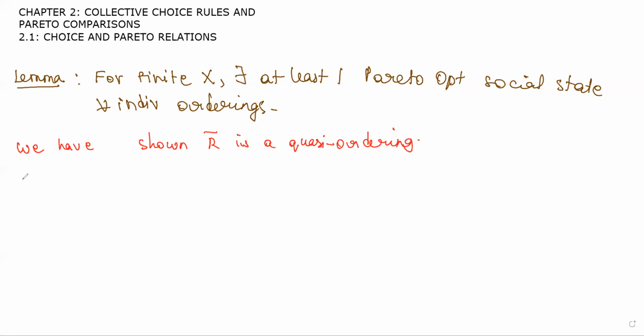Now, the maximal set is the same as the Pareto optimal set. Very, very interesting argument, very elegant argument. Why? Check the definition.